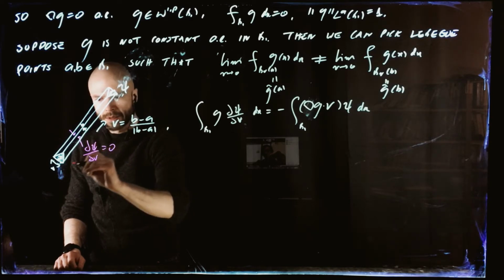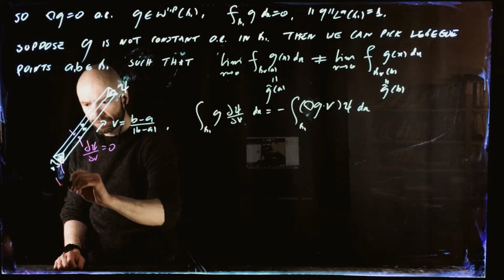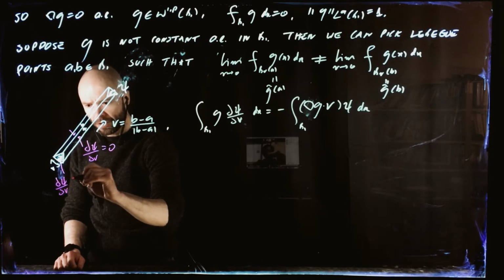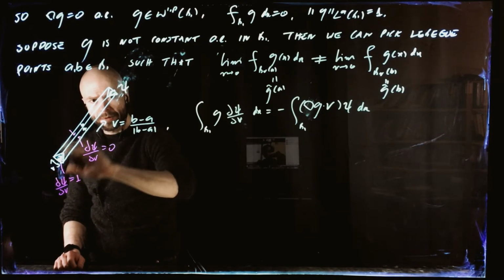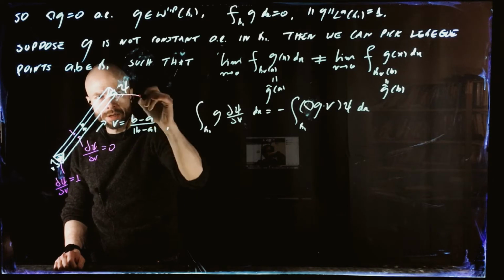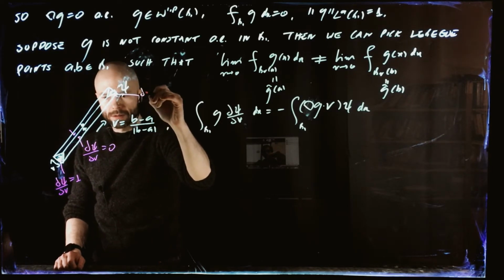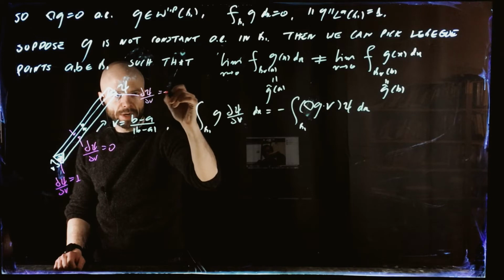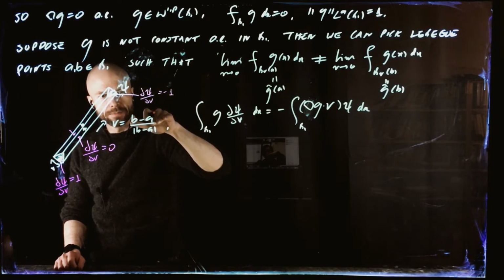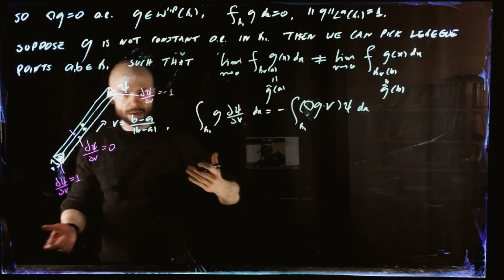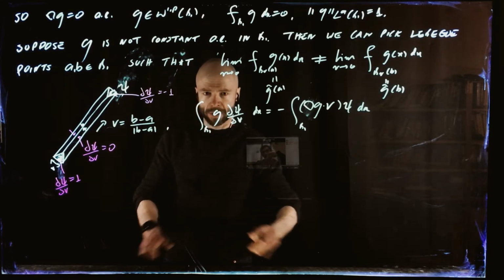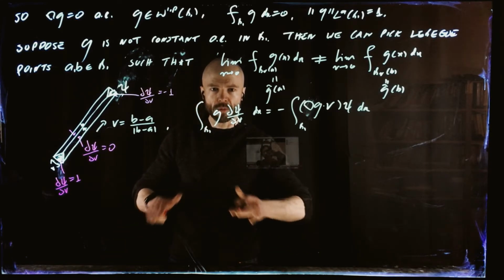But here we have real things happening. So d phi by dv is 1 here because we're lifting off. And here d phi by dv is minus 1 because we're going down. We've taken our function just to be the distance away from the boundary, so it's lifting off with norm 1.